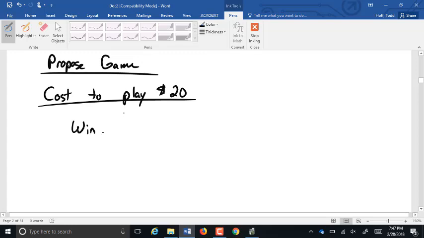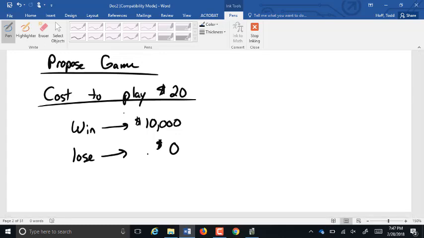If you win, you get $10,000. If you lose, you get nothing. Do you want to play? There you go. It depends on what's the probability of winning. What do you have to do?